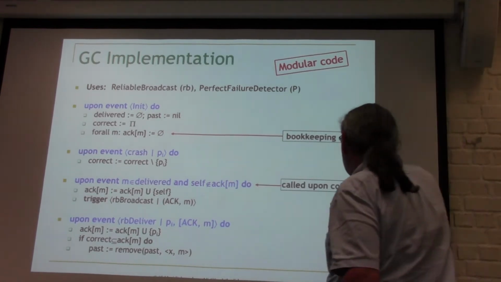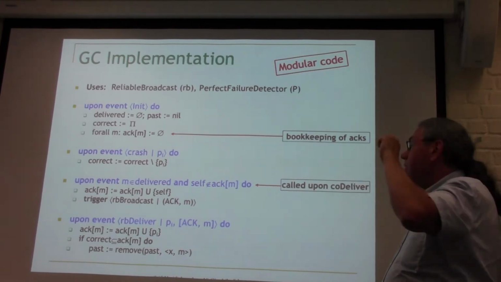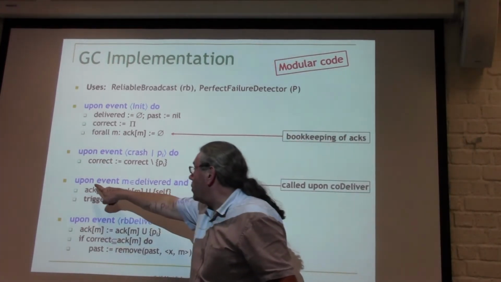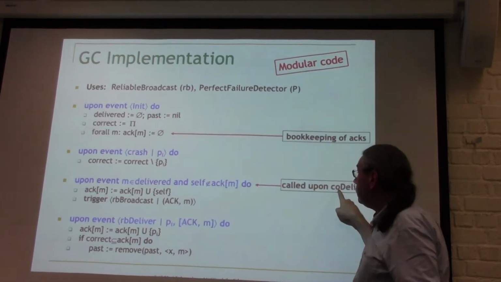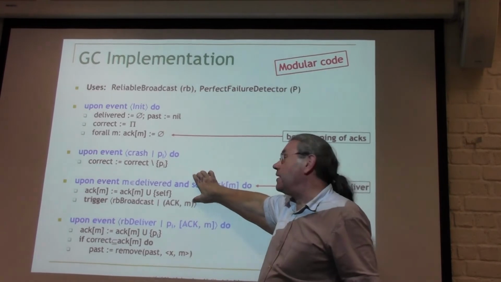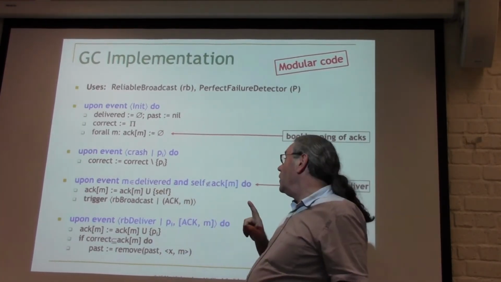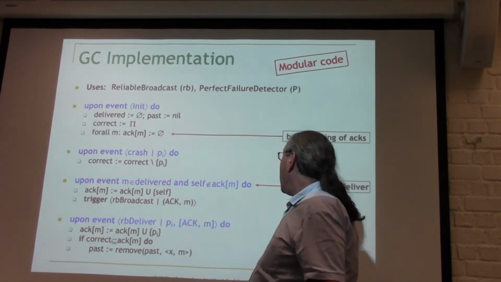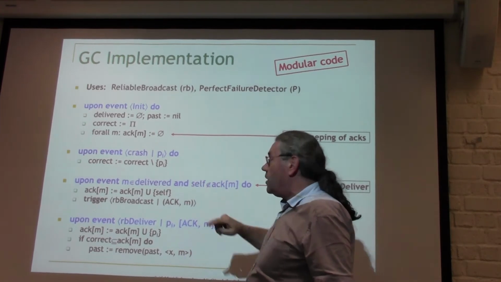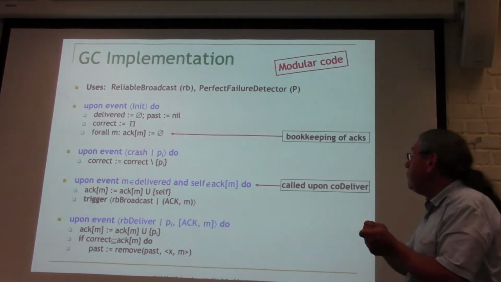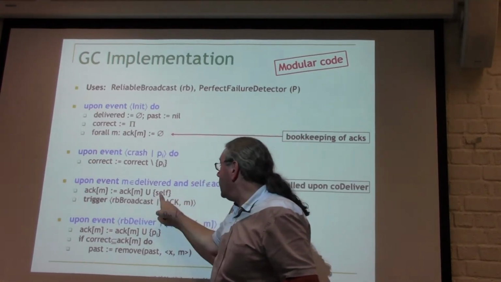Whenever we do a CO deliver, I've designed it so that this handler will also be executed. As soon as M is delivered, if the node has not acknowledged it itself yet, the acknowledgement set starts out empty, then I add itself to it.